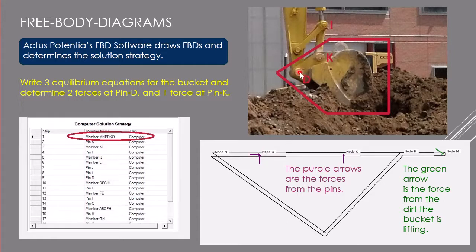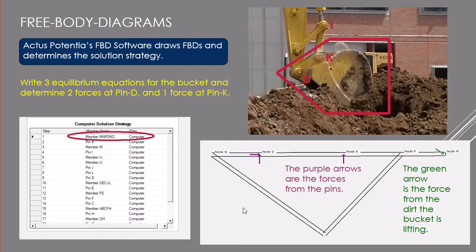We have a pin here at D and two forces coming at the node D, and at pin K, which is attached to a two-force member, we have a single force coming at node K. And as before, this green arrow shows the weight of the dirt.